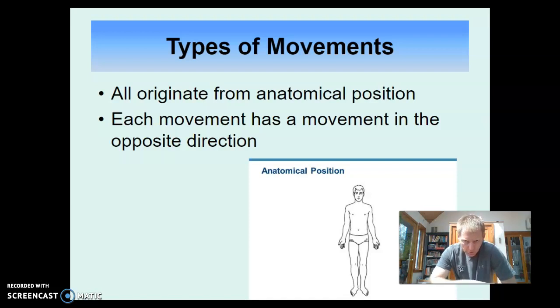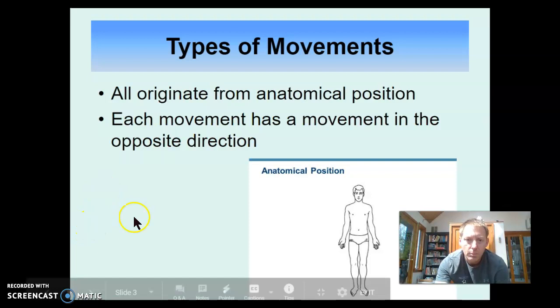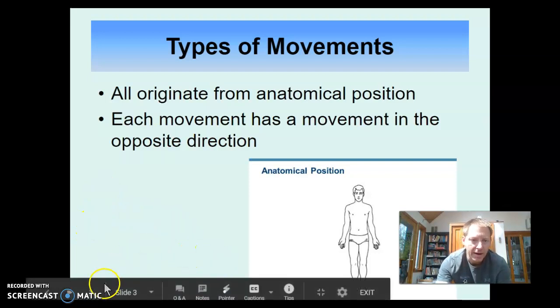But for the purposes of this course, you really just need to think about people starting in anatomical position and the motion from there. And obviously, motions have opposite directions. So you obviously have to be able to move away from anatomical position and then back to anatomical position. So most motions are paired.